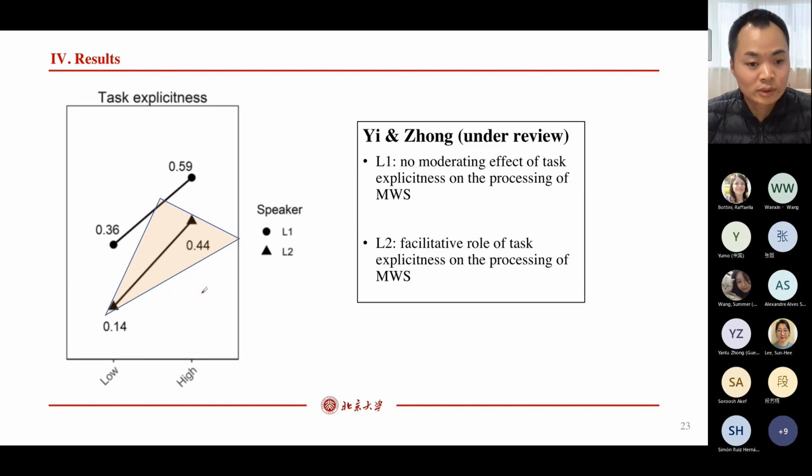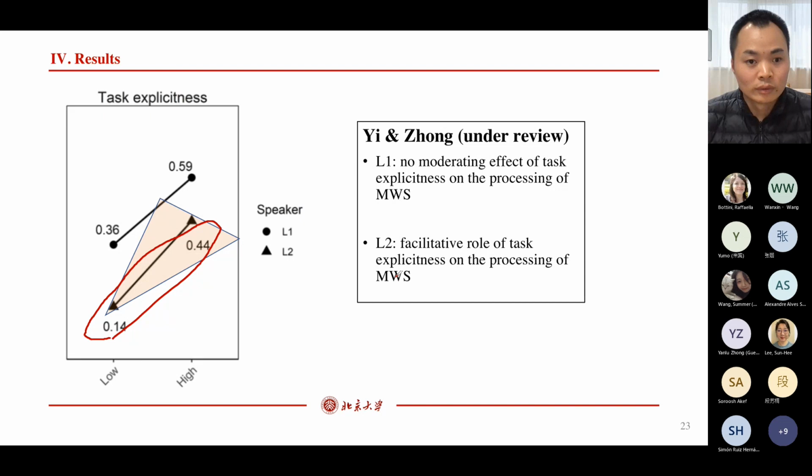That is, if L2 speakers were performing tasks for multiword sequences, and these tasks are more explicit, they're going to demonstrate higher levels of processing advantages for multiword sequences relative to, say, control phrases or novel word combinations.